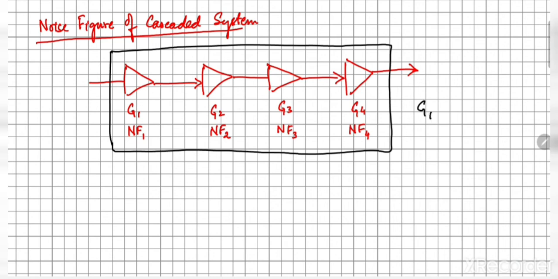So we say that G total is equal to G1 times G2 times G3 times G4. The noise figure of the total system is what?